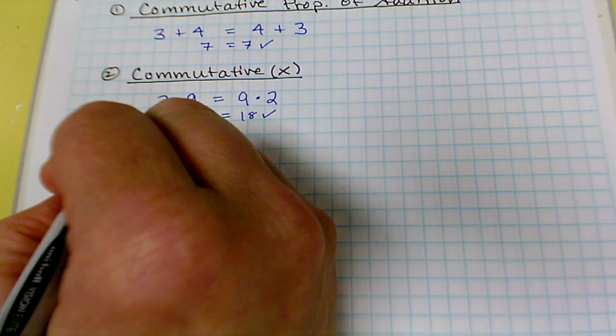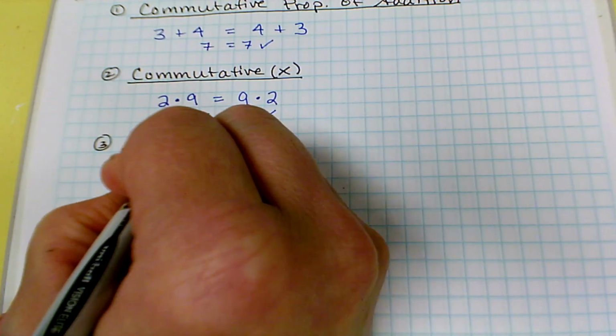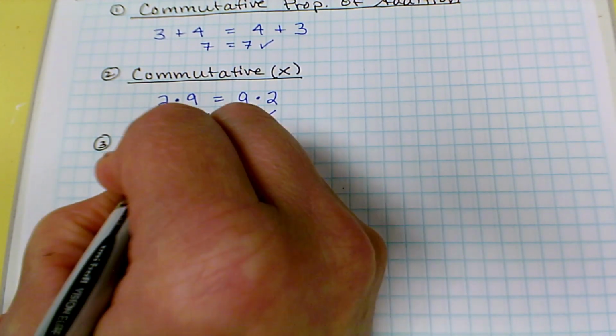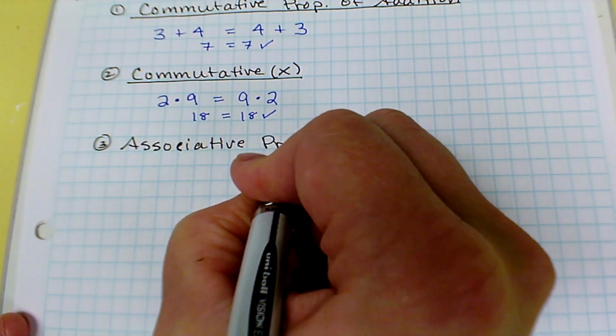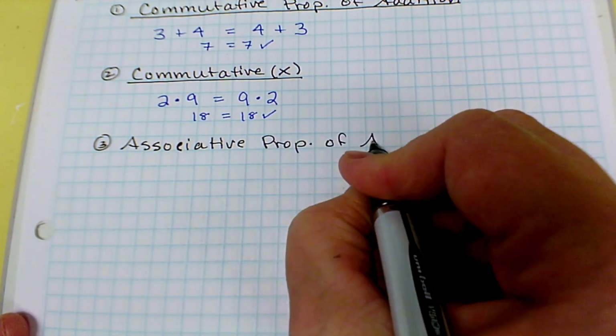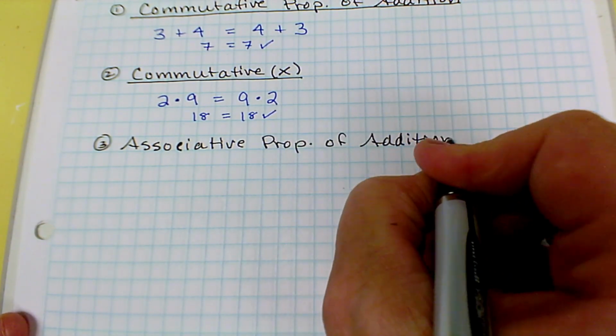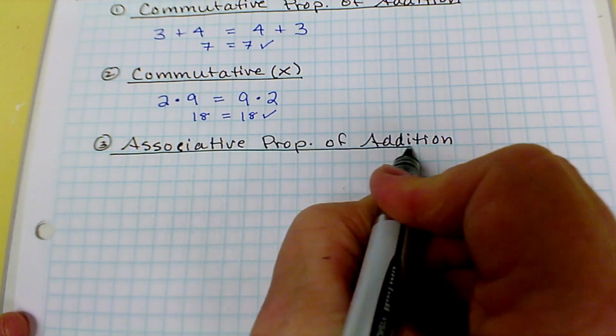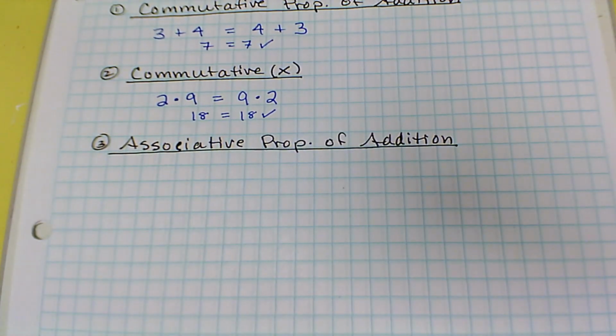All right, number 3, associative. We're going to do associative property of addition. One of the funny ways to keep these straight, associative is like an association.